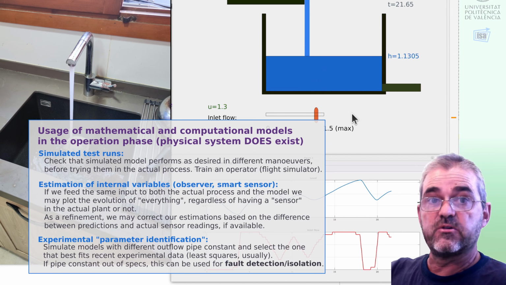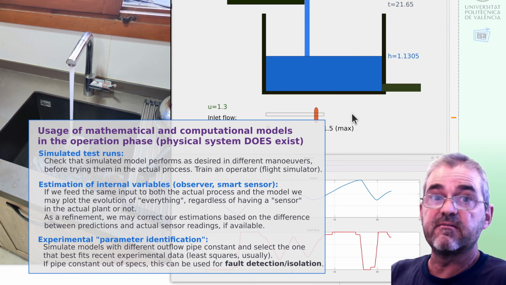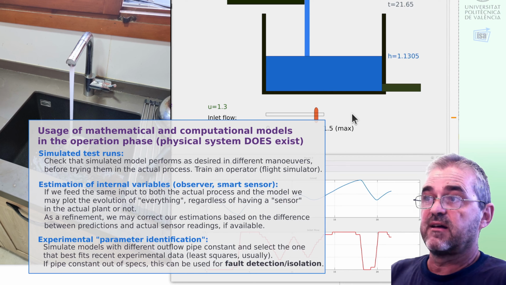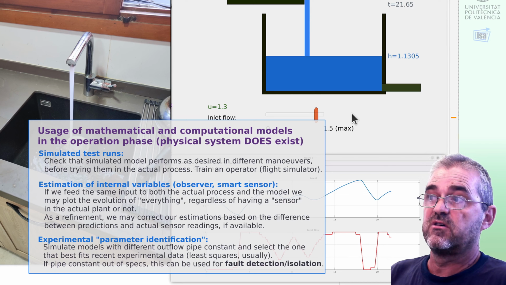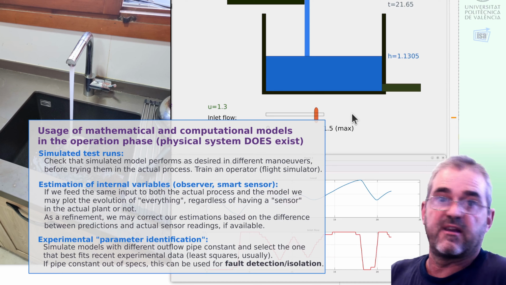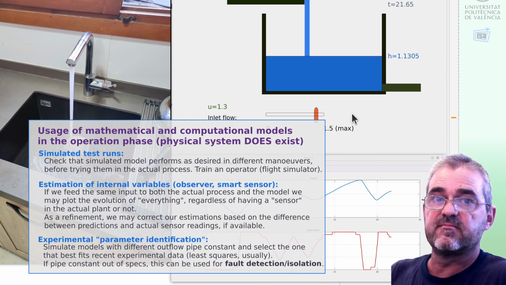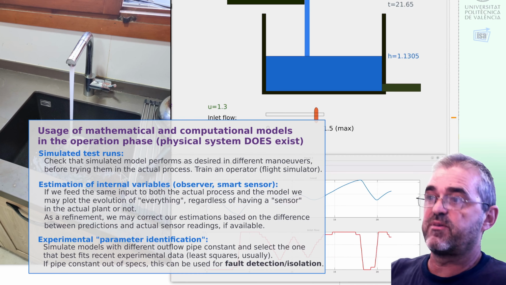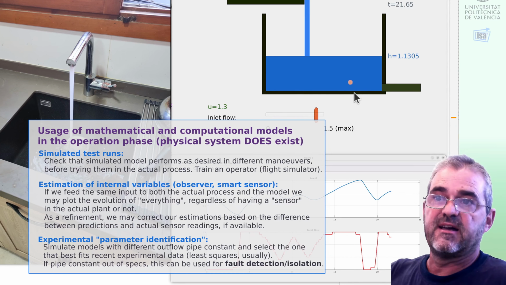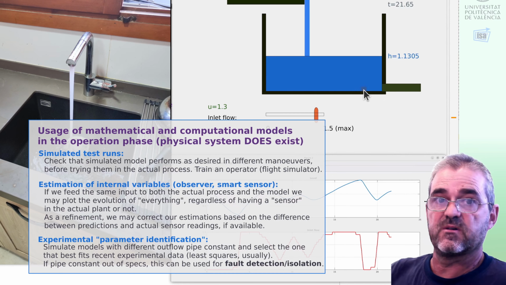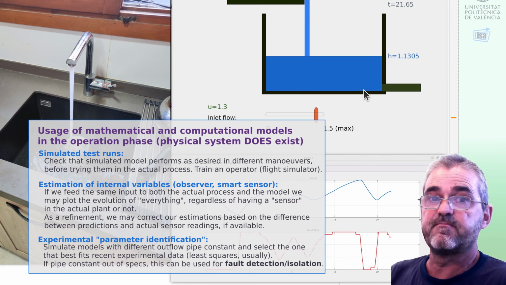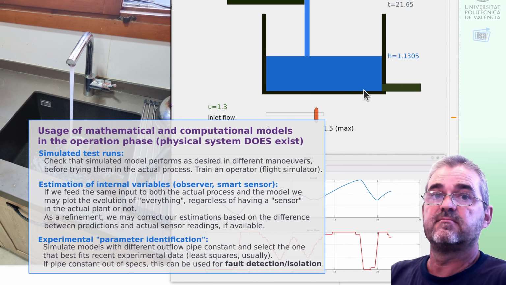So I can use my model running in real time in parallel to my actual kitchen sink in order to estimate the values of some internal variables I might not have an actual sensor with electronics and instrumentation in it. So maybe I do not have a pressure sensor at the bottom, but okay, I can do some computations with formulae about which pressure I am having at a particular moment. So the idea is feeding my model with the same inputs as the real thing.